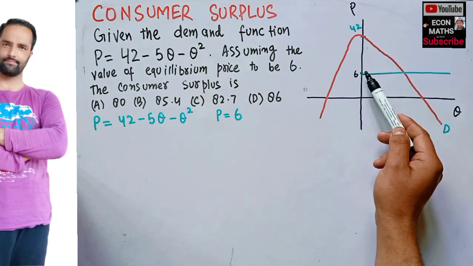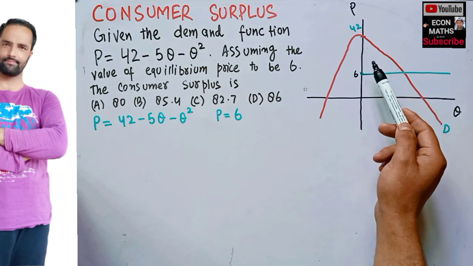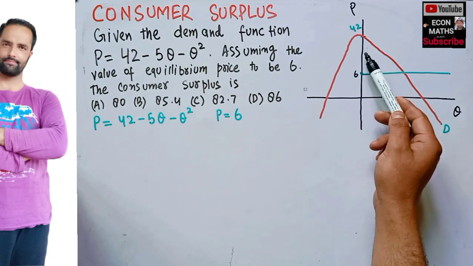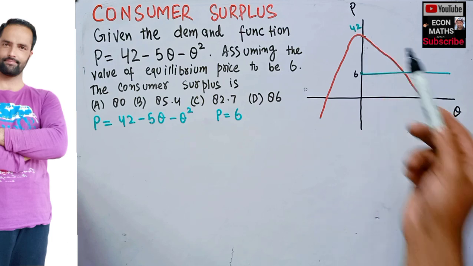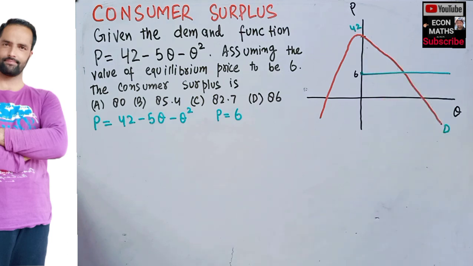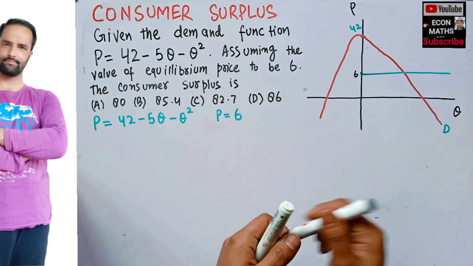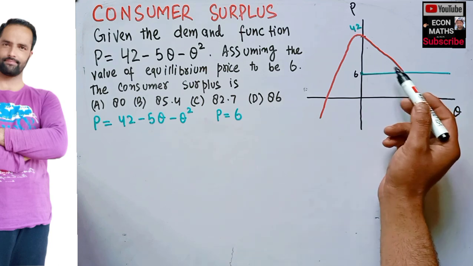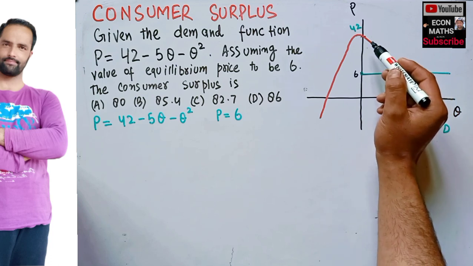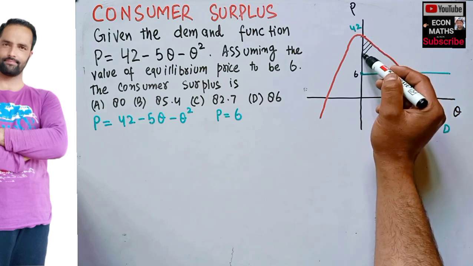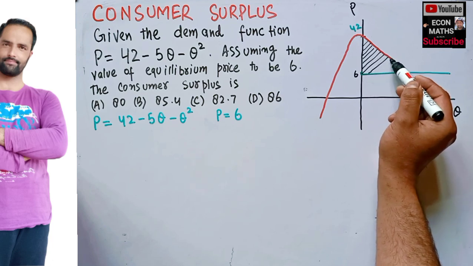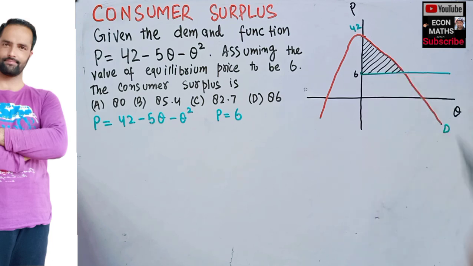Some consumers are willing to pay a price greater than 6, that is 7, 8, 9 up to 42. Consumer surplus will be simply the area between the equilibrium price and the demand curve. That means the area which is below the demand curve and above the equilibrium price gives us the consumer surplus. We need to find the area of this very region.